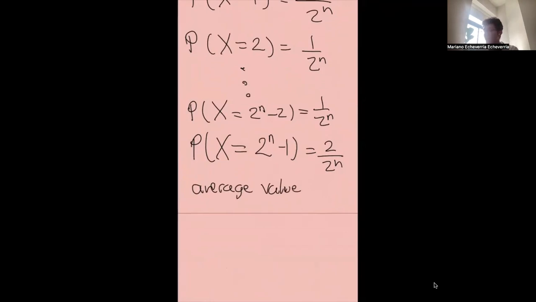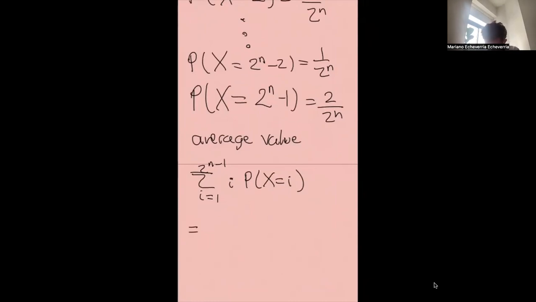The average value here is just the sum from i equals 1 to 2 to the n minus 2 of i times 1/2 to the n, plus the last one, which has a slightly different value.